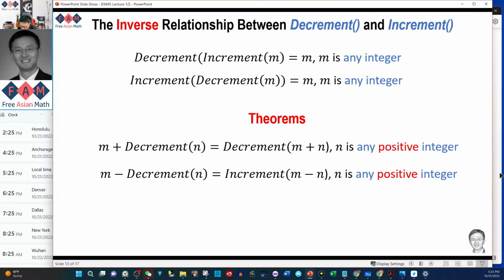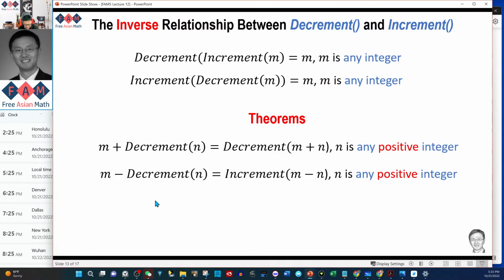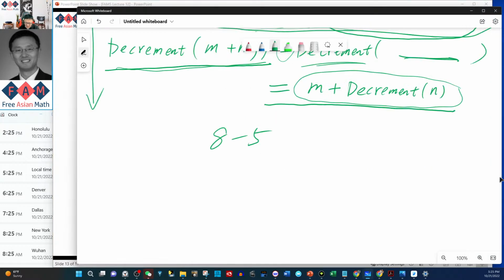Well, you think about it. If we say a subtracting 5, that's what is here. That's the left-hand side. But because we're subtracting the decrement of another number, 5 must be the decrement of 6, right? 5 is decrement of 6.